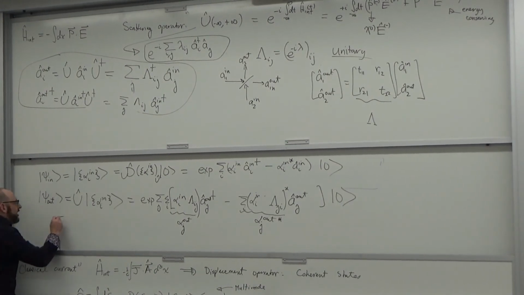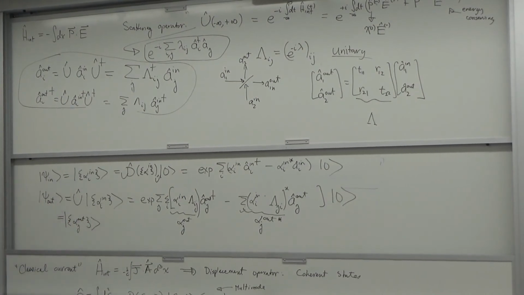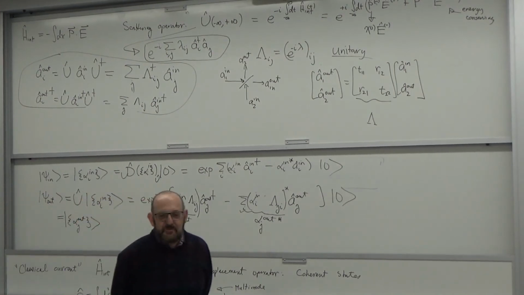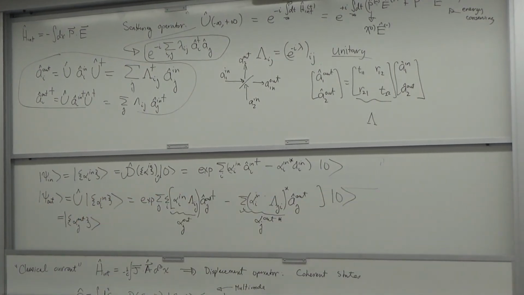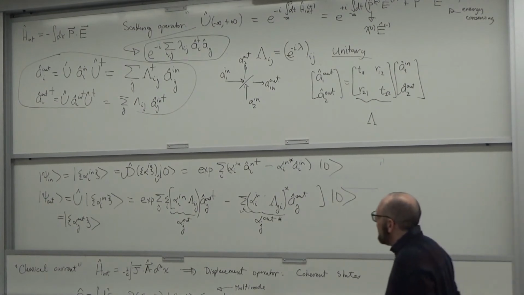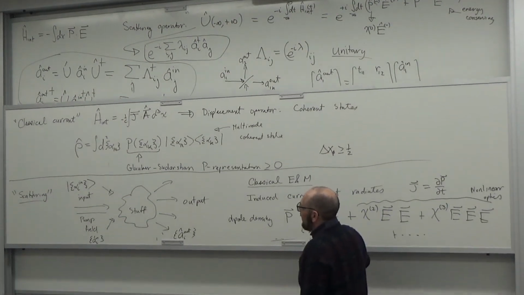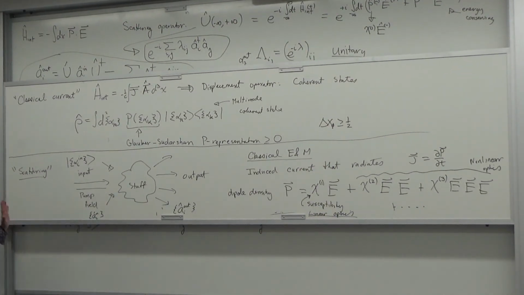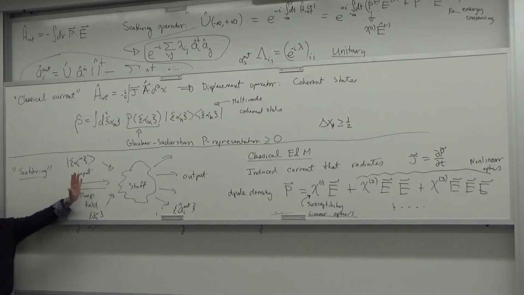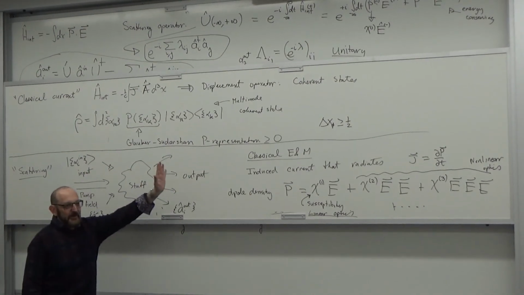So, with all of that math rigmarole, the bottom line is this. Let us summarize what all of this math means. What this means is that if I come back to looking at this picture, if I send in a coherent state, I get out a coherent state.